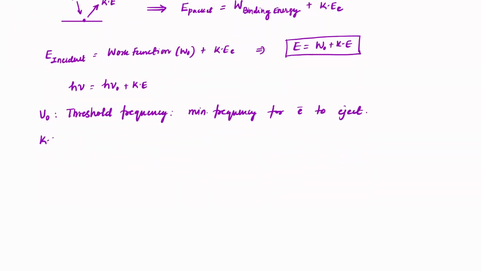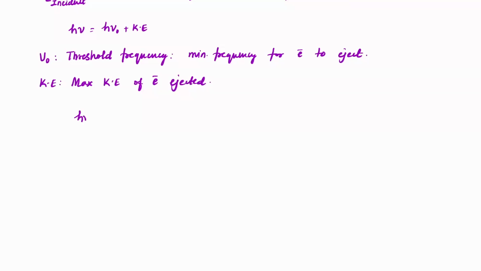And Ke is the maximum kinetic energy because there is no other loss of energy. So this is the maximum kinetic energy of the electron ejected. This would be used a lot of times. So h nu can be represented as hc by lambda, that is equal to hc by lambda naught plus kinetic energy. Now listen up, some unit conversions.